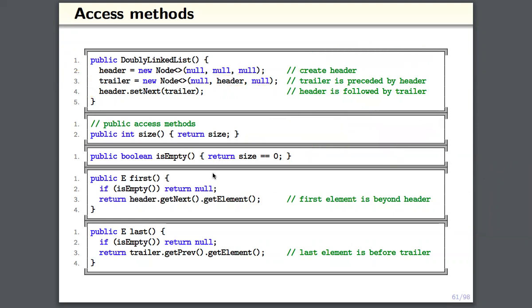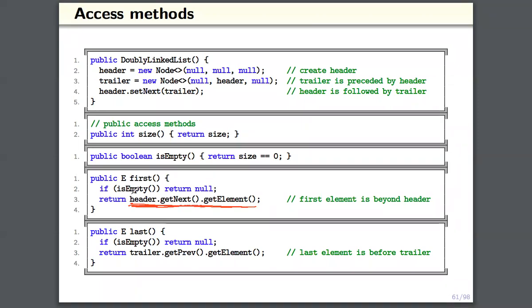Okay, next, size, return size, is empty, simple. First, it's very simple. So what is it? Header dot next dot get data, right? Header does not contain information. It is the node immediately after the header node that has the information.